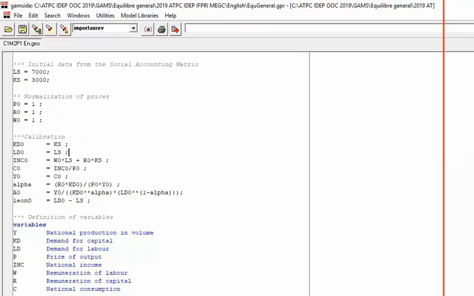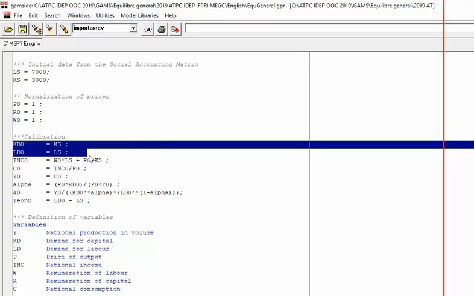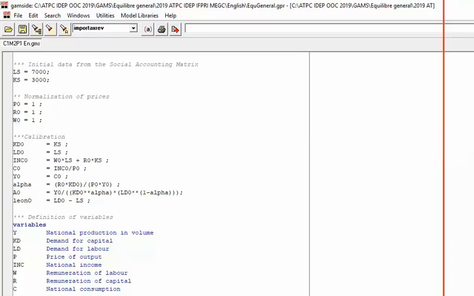So if you have entered data for LS and KS, you can calibrate KD0 and LD0. And then you have also entered a value for R0 and W0. So if you look at the model, you can calibrate INC0 because INC in the model is equal to W times LS plus R times KS. So you can calibrate INC0.